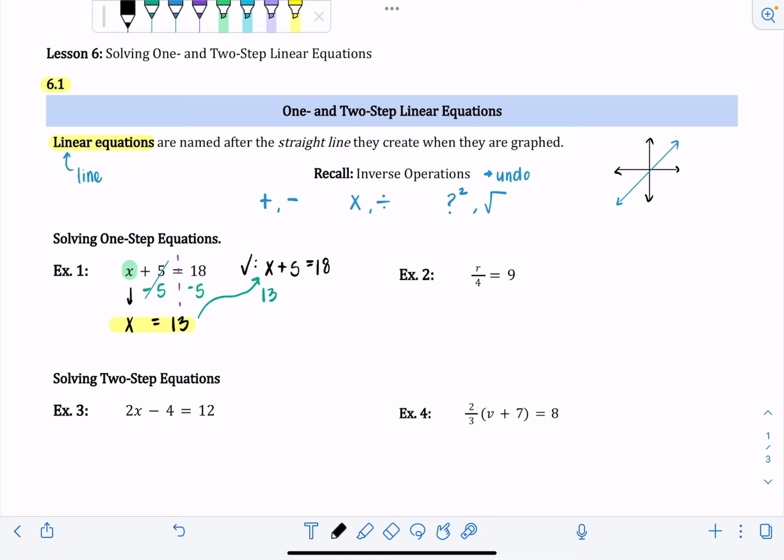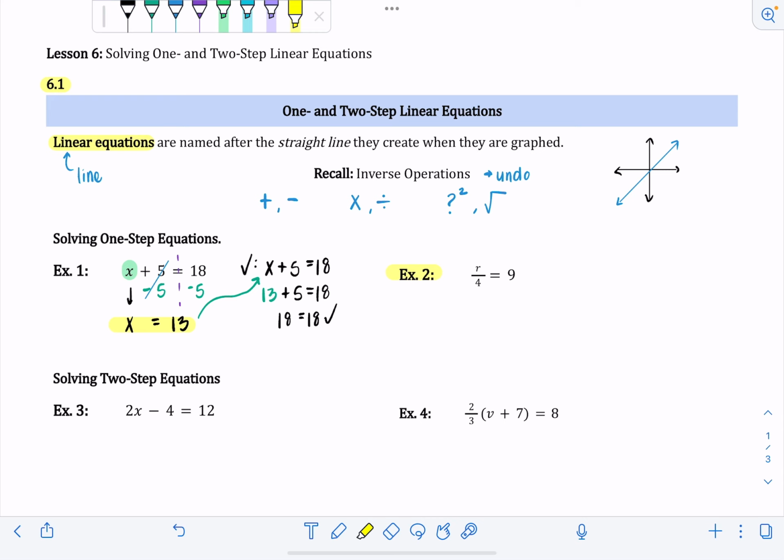So it'd be 13 plus 5 equals 18. 13 plus 5 is 18, which also equals 18. So our check worked, and it verifies that we got the right answer. Like I said, I'm not going to do it on every problem because that would make the video a lot longer, but when you're doing a checkpoint or a test, it's worth checking each of your answers.